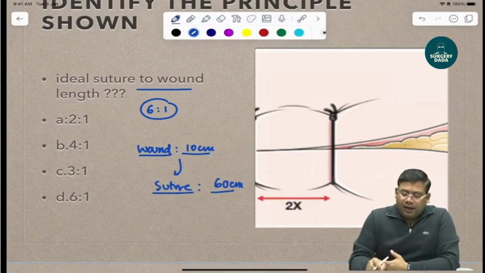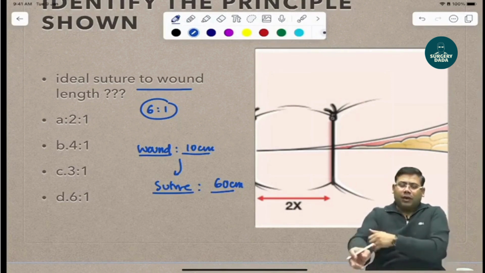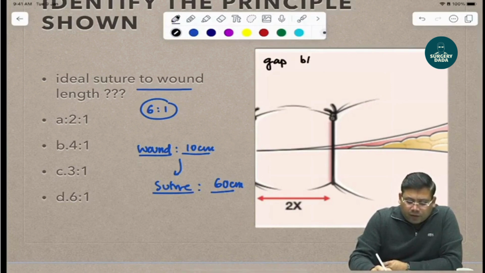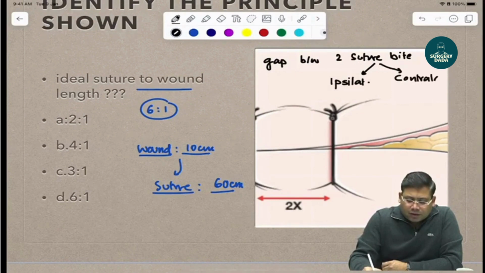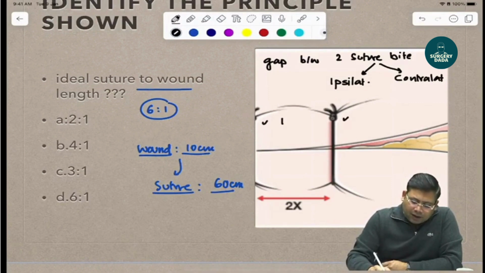Now here I have shown the principle of ipsilateral suture distance and contralateral suture distance. So what should be the ideal gap between two sutures, between two suture bites? This is very important. So two suture bites ipsilateral and two suture bites contralateral. Before you understand what is the suture bite, you should know that these bites are ipsilateral and these bites are contralateral.